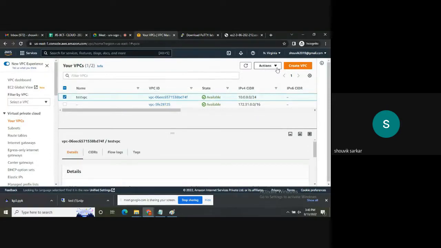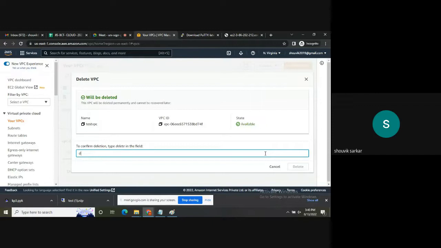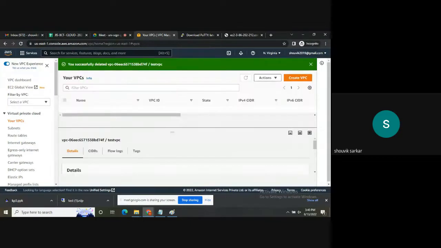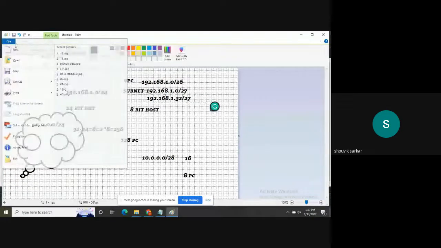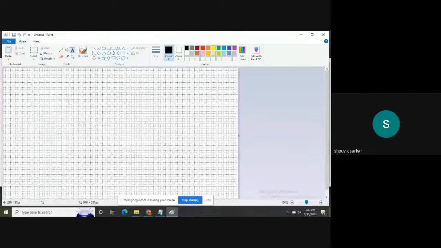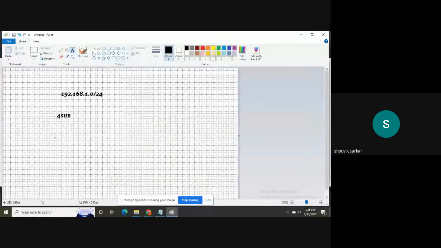So can you make a subnet? Let me know, can you make it or not? Now the question is that I have an IP address 192.168.1.0/24. I want to make 4 subnets, 4 divisions. So what are the IP addresses of each of the subnets? Can you tell me?